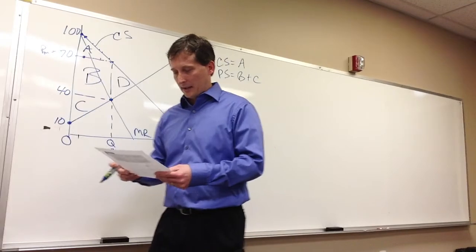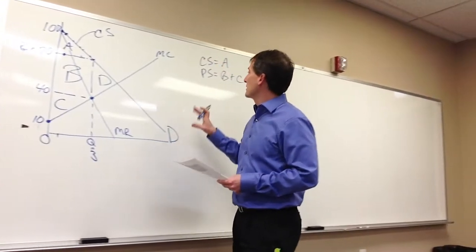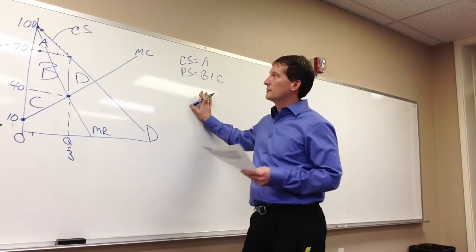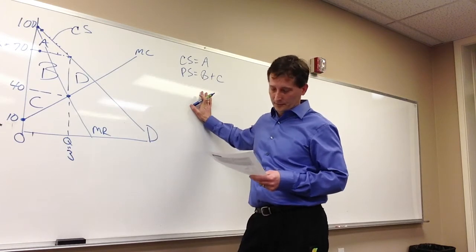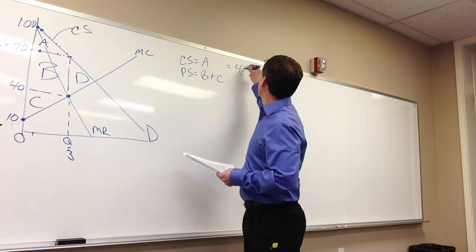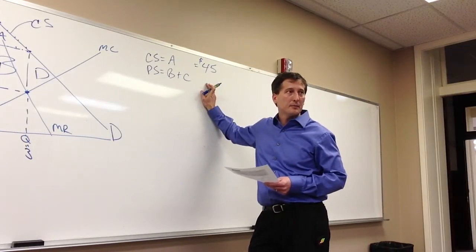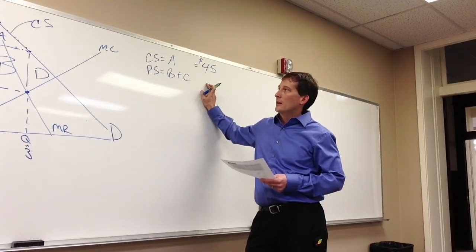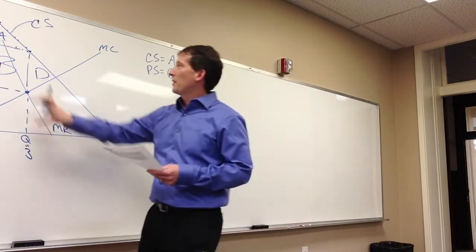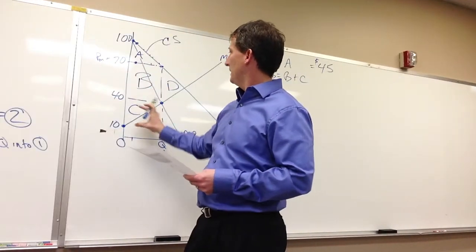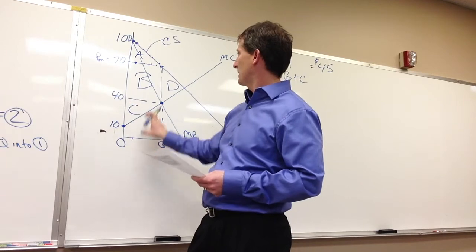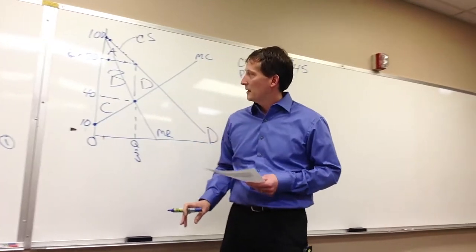Okay, so we got some areas. 45 sounds good. Producers: 30 times 3 is 90.